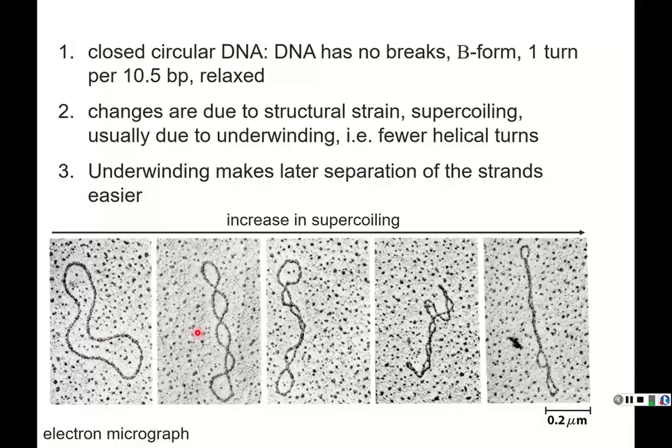And if we look in this electron micrograph, this would be the totally relaxed, and then we have varying degrees of supercoiling going on, increasing towards the right. You can see the fragment that's most supercoiled is shown here, that it's really wrapped tightly around itself.